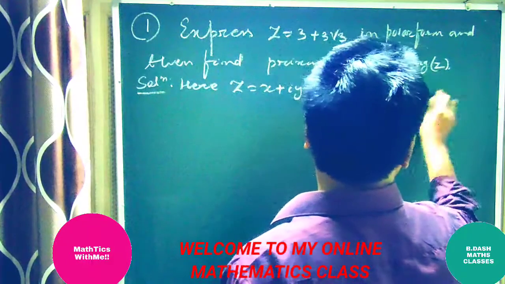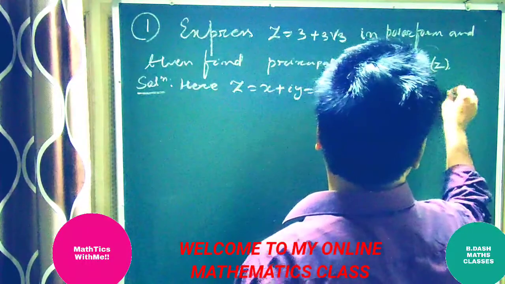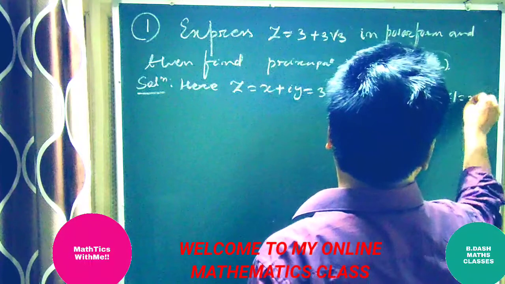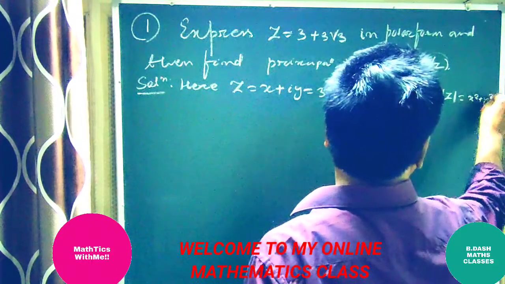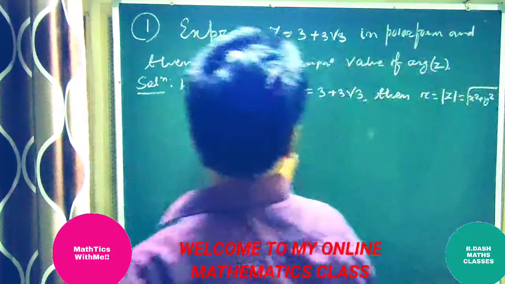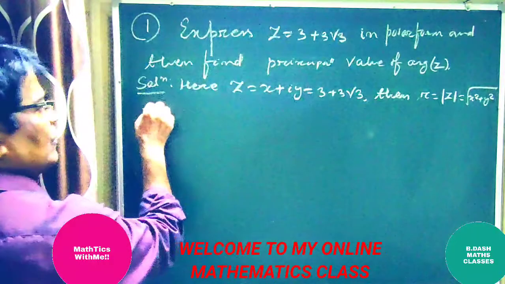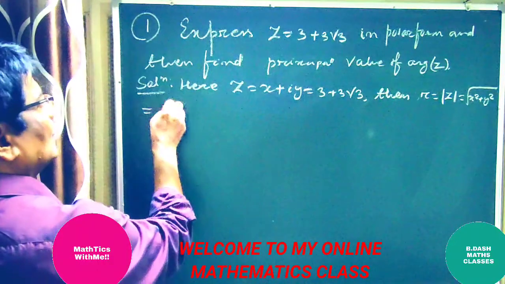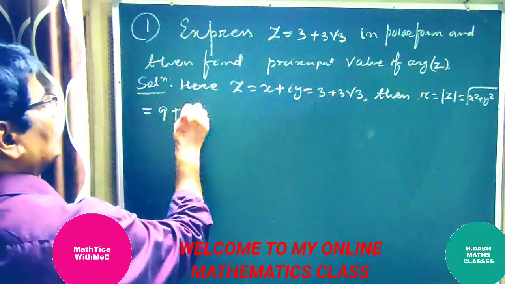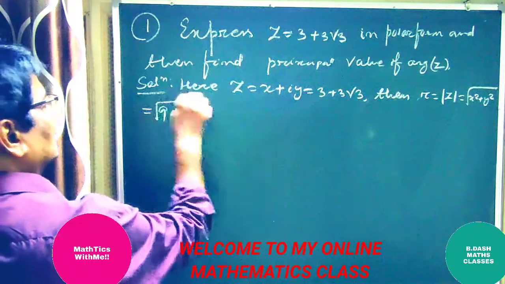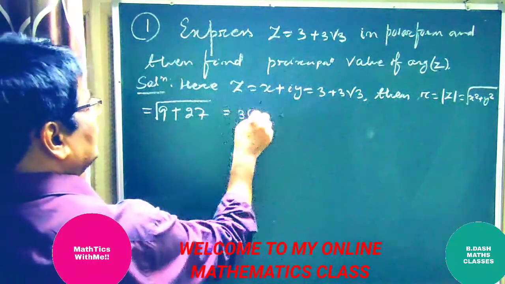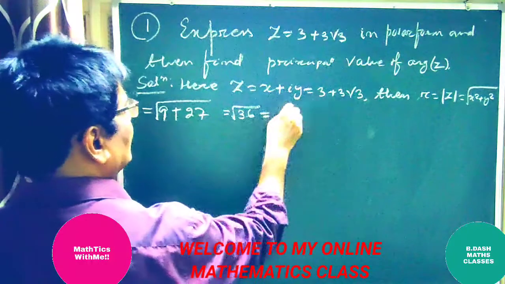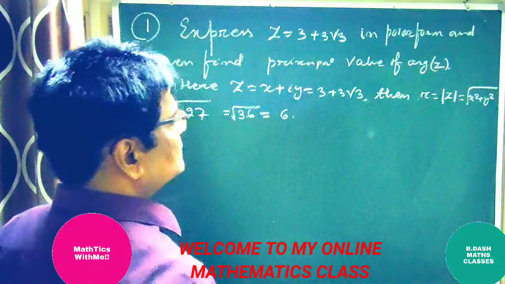Then r is equal to mod z is equal to square root of x square plus y square, which is equal to square root of 9 plus 27, which is root 36, is equal to 6.